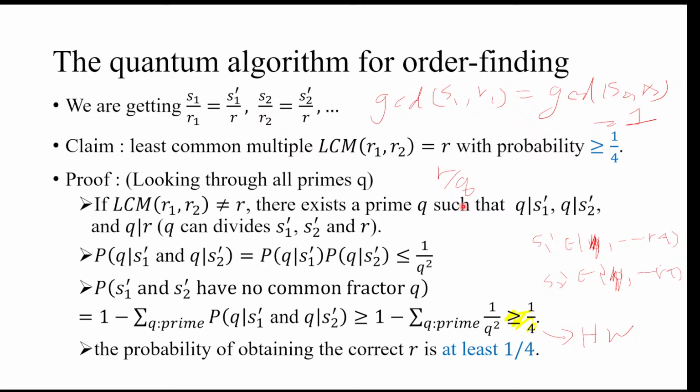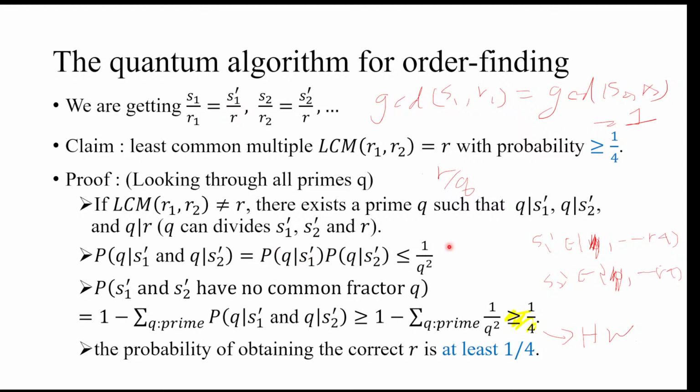Okay, so the factor Q will divide S1 prime and divide S2 prime. Okay, so this notation here just means that Q is dividing the numbers. Okay, so we will have a Q that divides everything. You will divide S1 prime, S2 prime, and R. Okay, and so this Q is giving trouble.